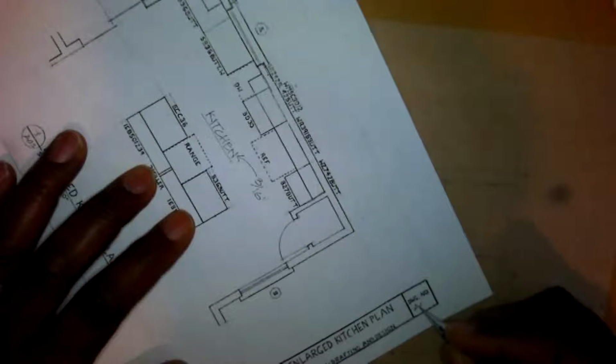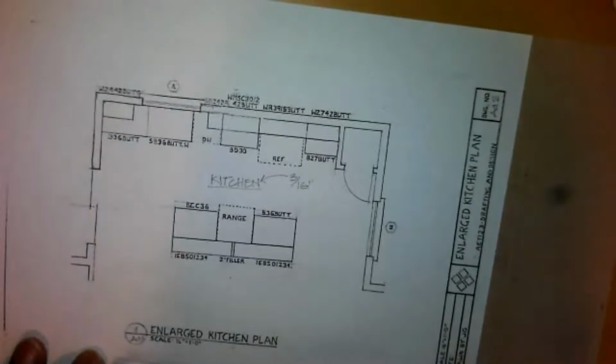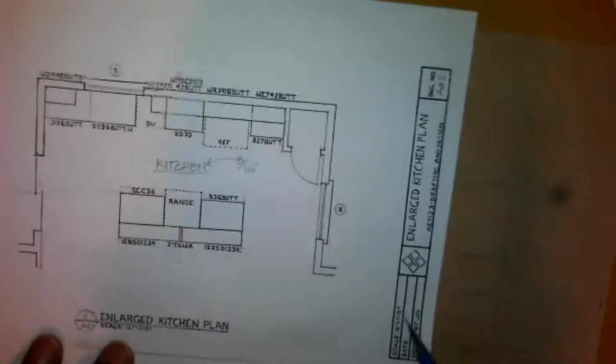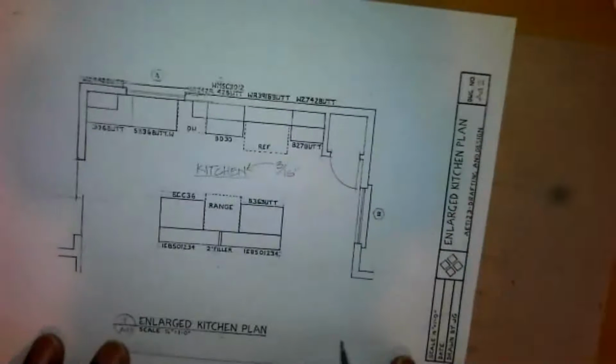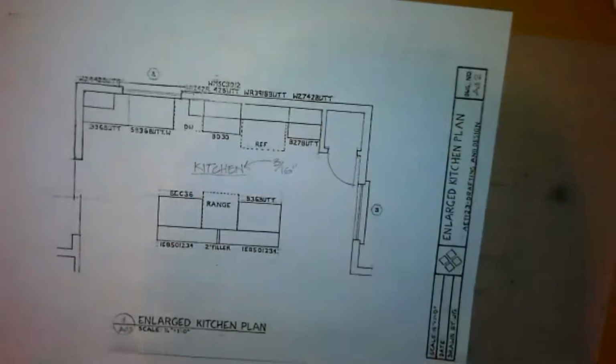It looks like a D in the sample drawing, but it's actually a 0. So 1, A0.2. And of course your date here. When you do that, I think you're going to be ready to submit it to me.